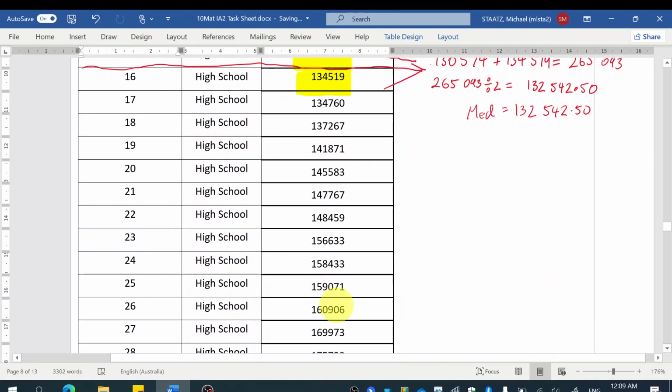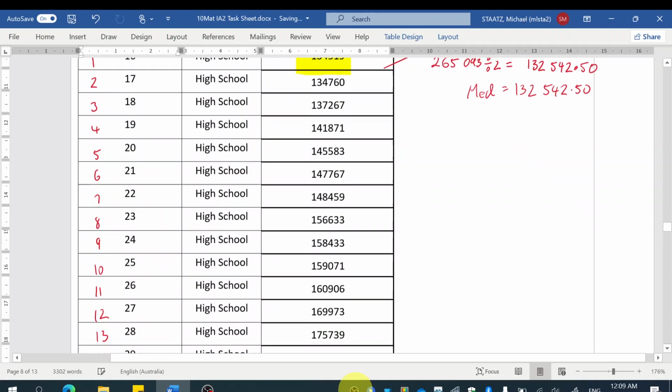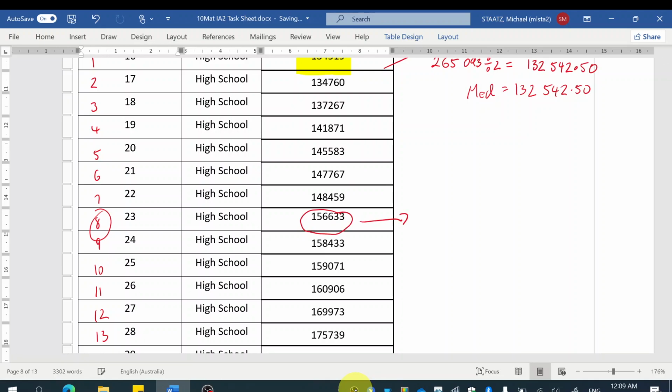So I'm just going to renumber those so that I know I've got 1, 2, 3, 4, 5, 6, 7, 8, 9, 10, 11, 12, 13, 14, 15. And I need the 8th one. That's there. So my 8th observation is this one. That then makes Q3 equal to 156,633.